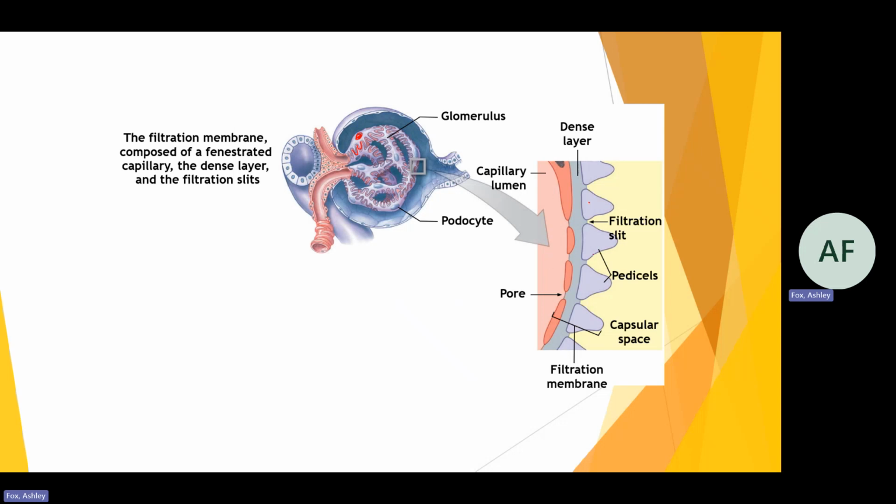And then you have the feet or the pedicels of the podocytes. And you have this whole filtration membrane. So solutes have to go through here to get into the capsular space. So the capsular space, again, is all this part because this is the parietal layer of the glomerular capsule. And then this is the visceral layer, the podocytes.